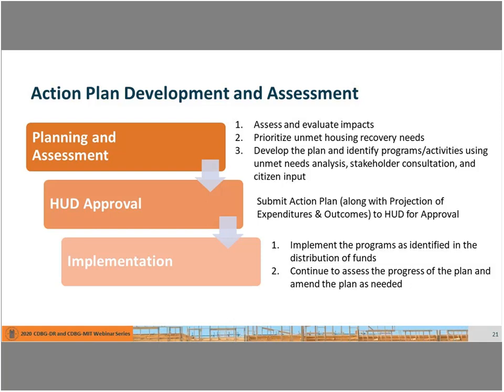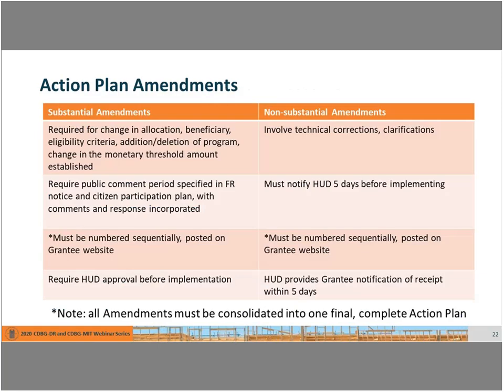And in your implementation, you're going to have an ongoing need to continue to assess your progress. You can amend your plans as needed. So just keep in mind that you are not locked in. Your needs can and probably will change over time as you're implementing these programs. Now, you can make these changes, and you need to follow a set of guidelines about what constitutes a substantial amendment to your action plan or a non-substantial amendment to your action plan.